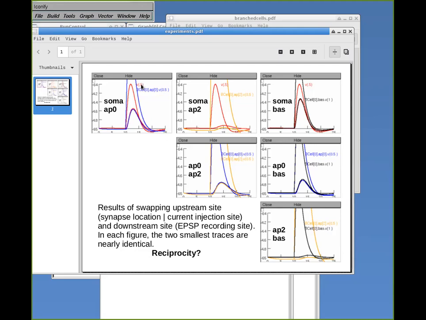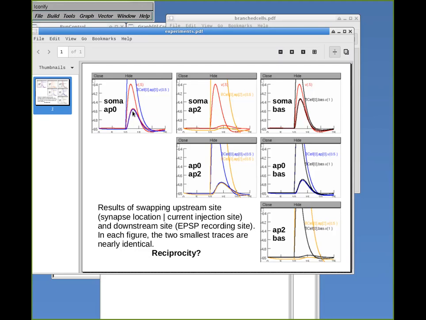So I'm recording membrane potential in the middle of the soma and membrane potential in the middle of apical 2. And when I had my synapse attached to the middle of the soma, the somatic membrane potential was the one that was biggest, and the potential out in the apical is the one that is the smaller, okay?